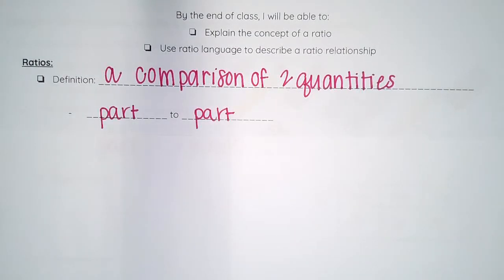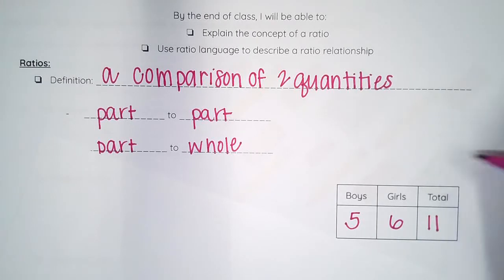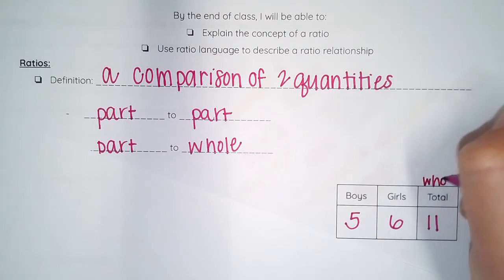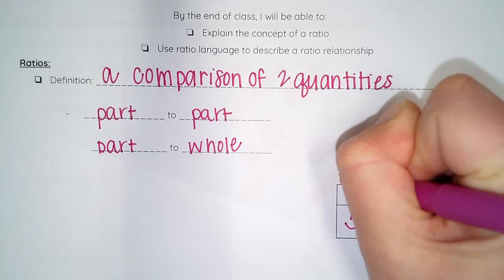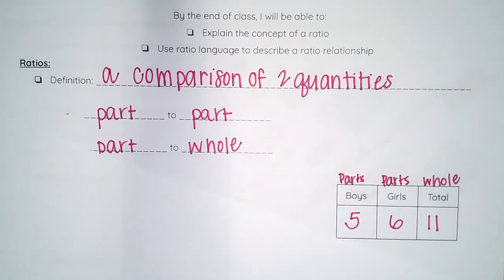We can have a ratio that is part to part or part to whole. So if we look here, we've got boys and girls and total. So a part to part. The total would be the entire class. This would be the whole, and these are the parts that make up that whole.